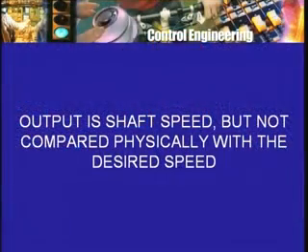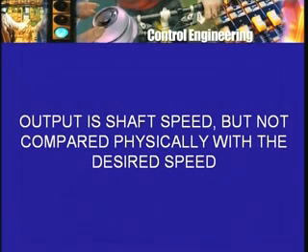Let us get back to our speed control system. What was the output quantity? 1500 rpm, the desired speed. Now we didn't want a shaft to run at 1500 rpm so that we can check whether the actual motor shaft speed is 1500 rpm or not.